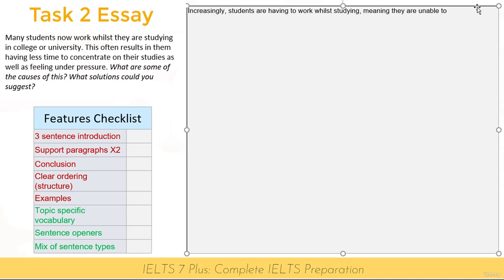Focus, meaning they are unable to focus fully on their studies, on their learning, let's say, on their learning. Okay, so that's pretty much the problem. Increasingly, students are having to work while studying, meaning they are unable to focus fully on their learning. And we've got an interesting sentence type here. It seems to be a complex sentence.